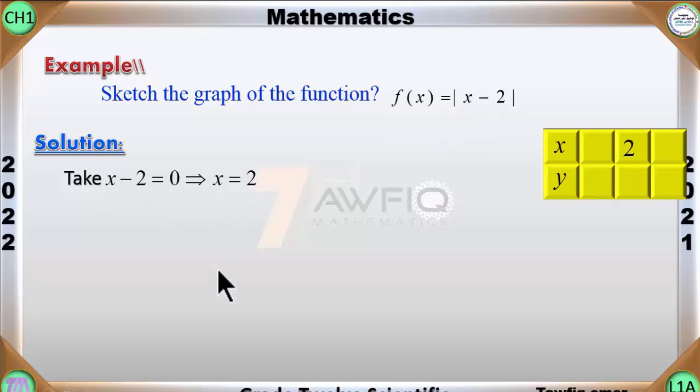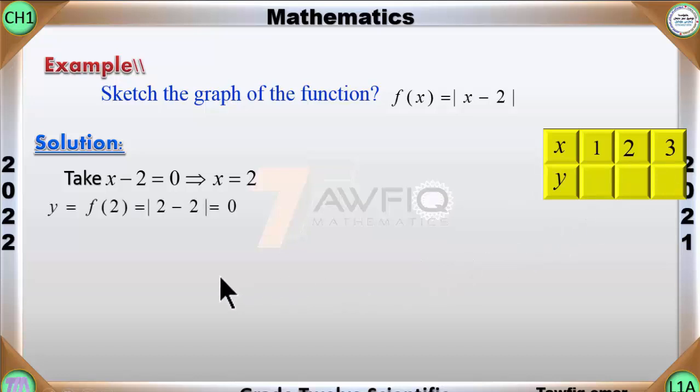To find y, we must take other values for x, one smaller than 2 and another bigger than 2: 1 and 3.